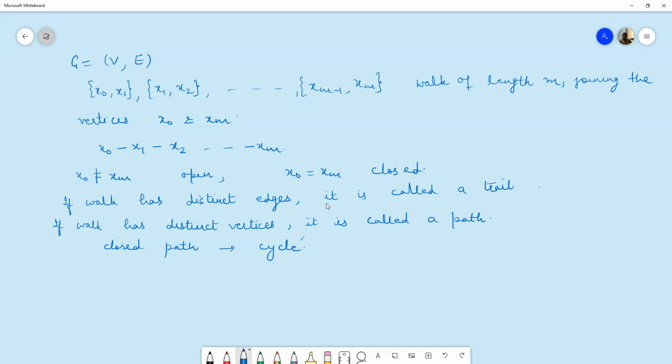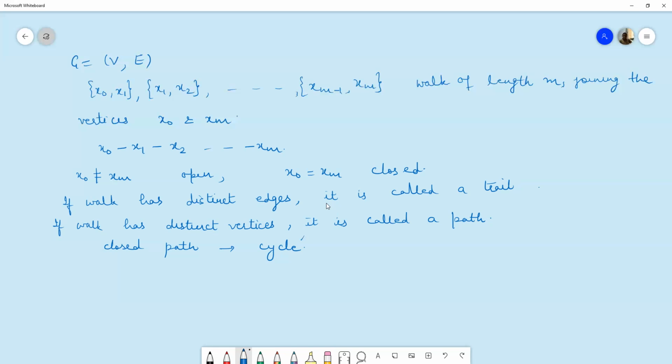The length of a cycle of a graph is at least 3, because for a cycle, the end point and starting point must be the same, so it contains at least 3 vertices and three edges. In a general graph, if we have a loop, meaning an edge from x to x itself, that will be called a loop.